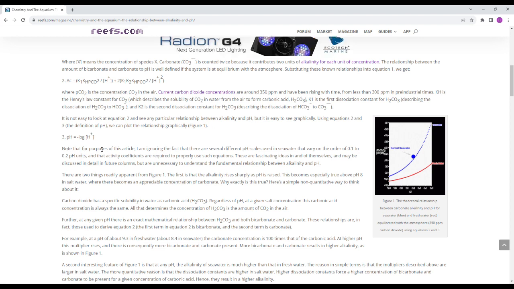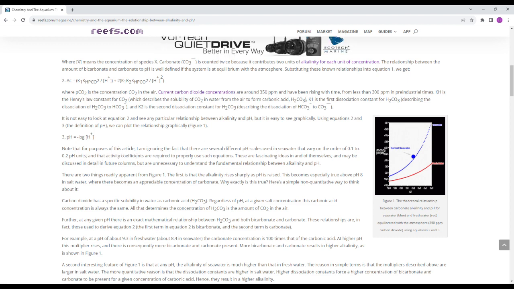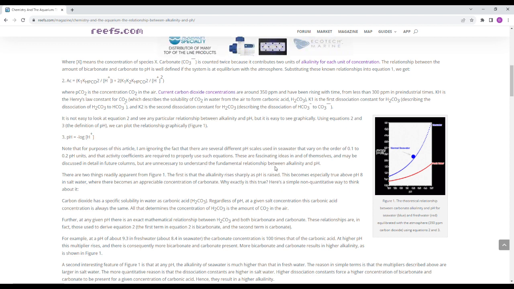Note that for the purpose of this article, I am ignoring the fact that there are several different pH scales used in seawater that vary on the order of 0.1 to 0.2 pH units, and that activity coefficients are required to properly use such equations. These are fascinating ideas in and of themselves, and may be discussed in detail in future columns, but are unnecessary to understand the fundamental relationship between alkalinity and pH.